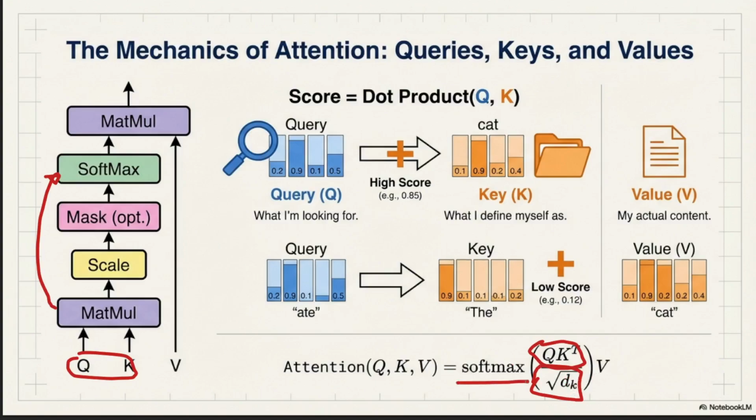And then we do the softmax, as we said, that would turn them into probabilities, so percentages that sum to 1. And then we multiply them by the value. We will see the mask option later on. And then, as we said, multiply by the value to get the final context-aware representation.